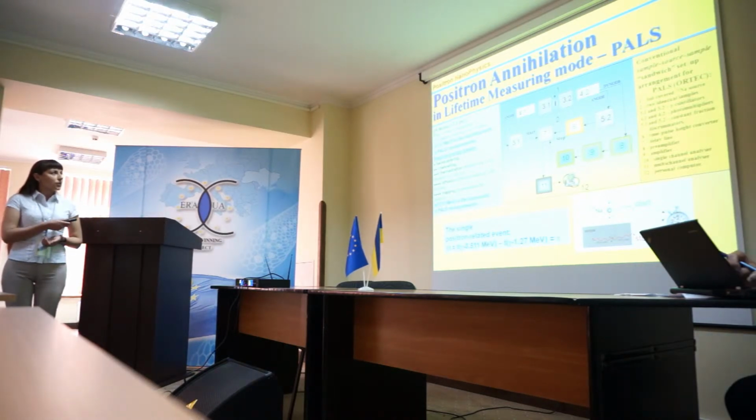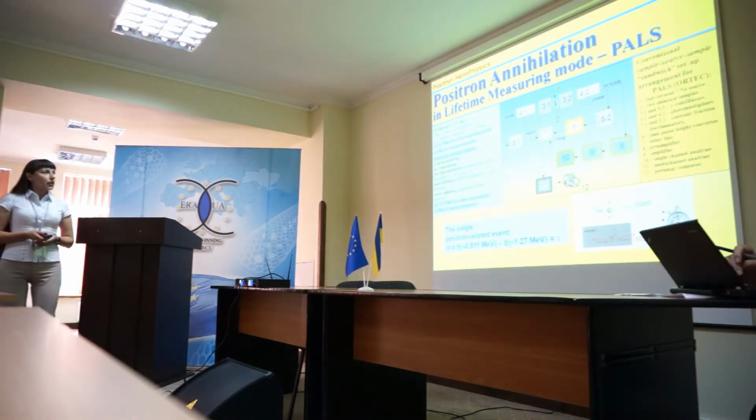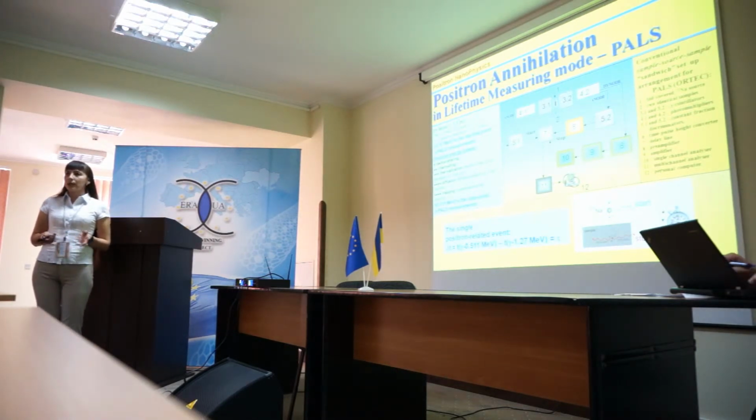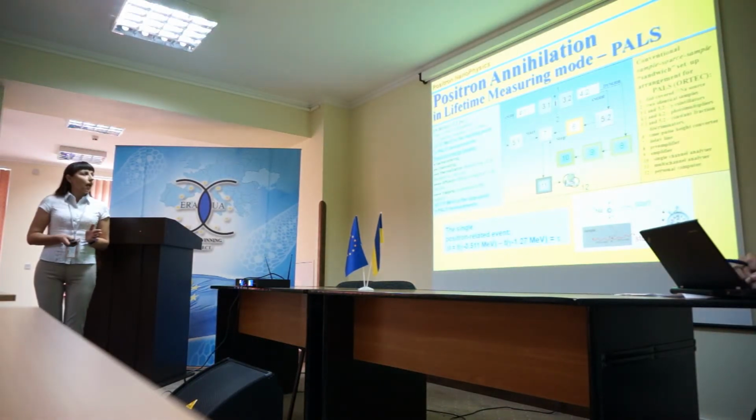We have the isotope. As a result of beta plus decay, we obtain one gamma ray with energy 1.27 mega electron volts. The formation of this gamma ray corresponds to the formation of a positron in the bulk of the material. This is the start signal.